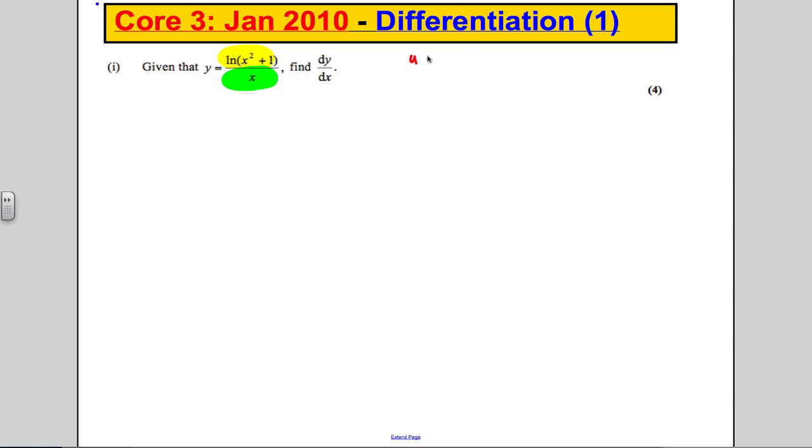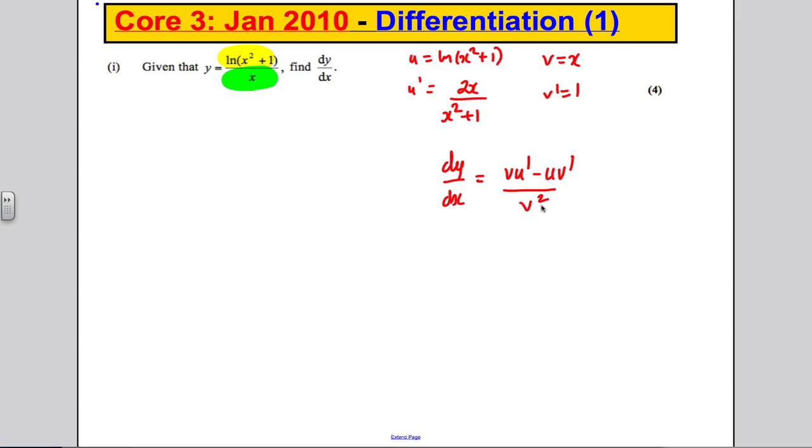Your u is ln of x squared plus 1. Therefore, your u dash is the differential inside the ln, which is 2x over x squared plus 1, the actual function inside the ln. And your v is x, so your v dashed must be 1. Remember what the quotient rule says: dy by dx is vu dash, subtract uv dash, all over v squared.